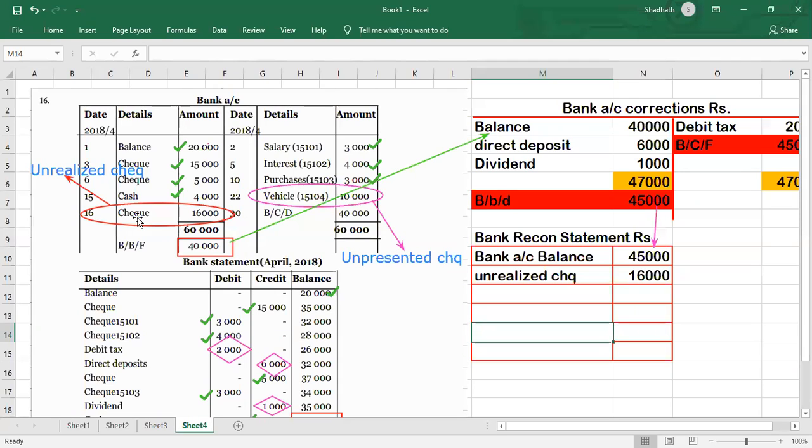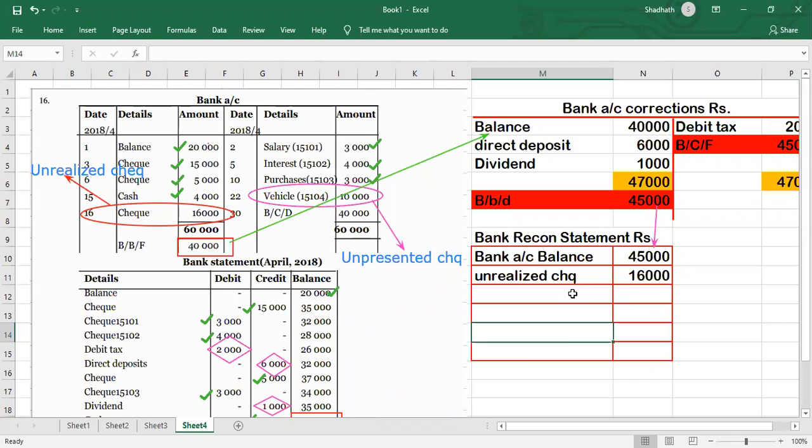It's the reality, no problem. Once we deposit the check, we feel, okay, I have deposited the check, therefore my balance is increased. So I have debited. But actually it is not increased because it is not in the bank statement.